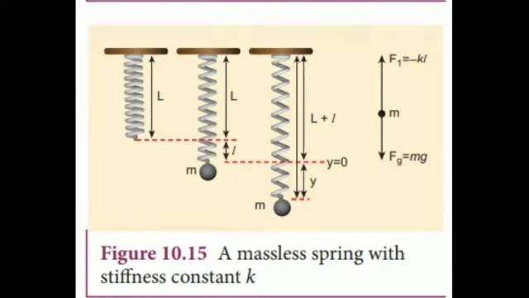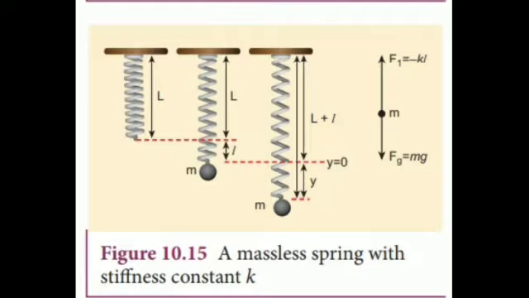Next, vertical oscillations of a spring. Let us consider a massless spring with a stiffness constant or force constant k attached to a ceiling. Let the length of the spring before loading mass m be L. If the block of mass m is attached to the other end of the spring, then the spring elongates by length small l.